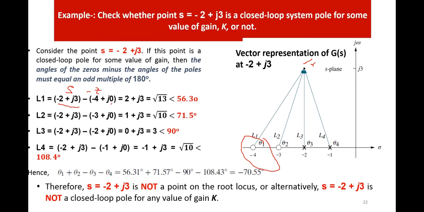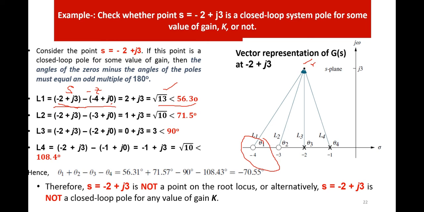part is 0. Just taking the sum of real values, which is equal to +2, and the imaginary part, which is +3, and finding the conversion, we can find that the magnitude of this line is root 13 and angle theta 1 is 53.30 degrees, and so on.